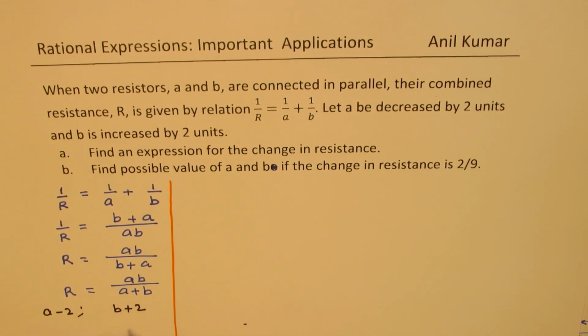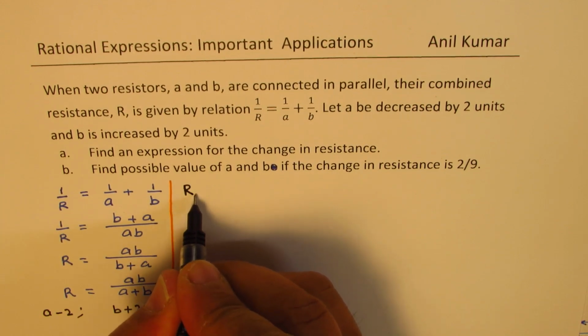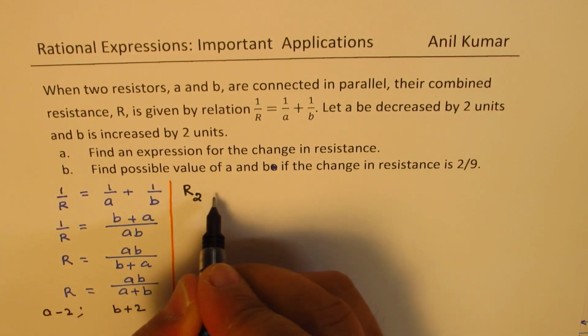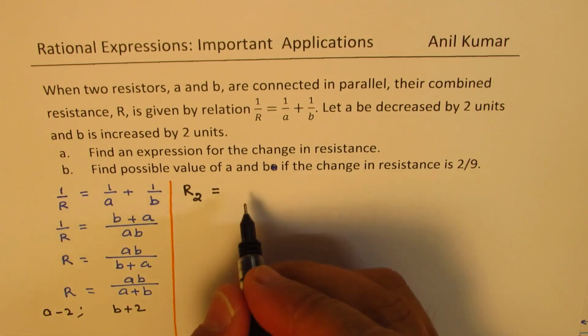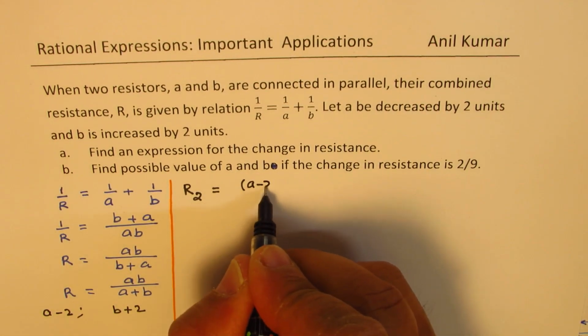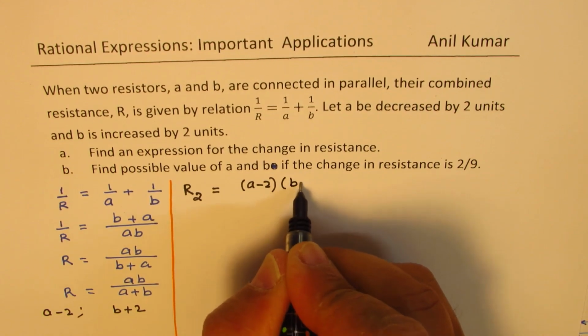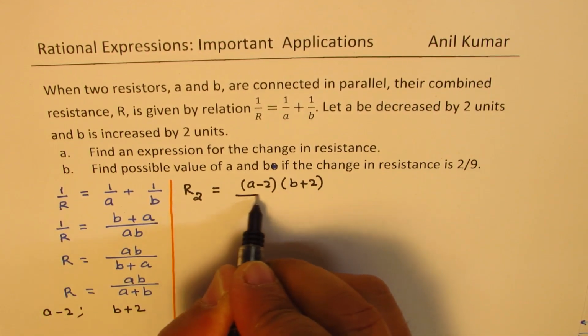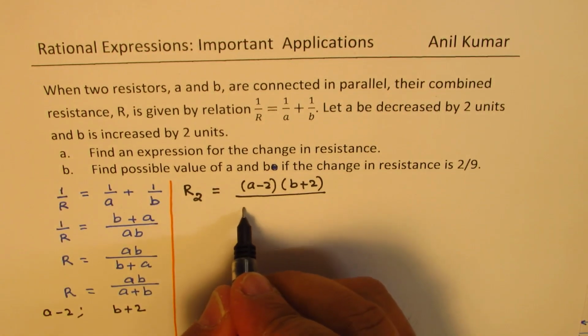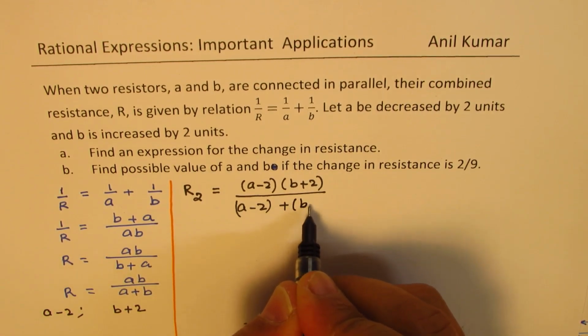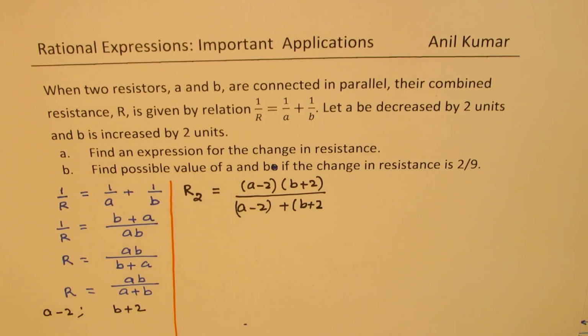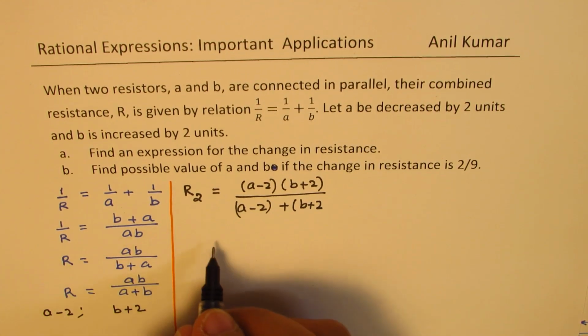So we'll substitute this and find a new expression. Let's call this R2. We replace A with A minus 2, B with B plus 2, and in the denominator we get A minus 2 plus B plus 2. So that's the new value of the resistance.